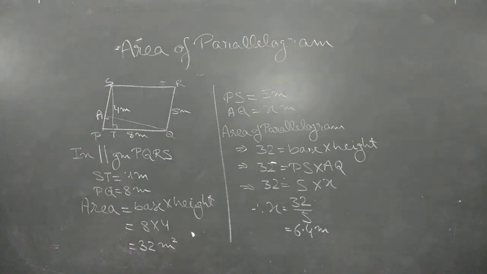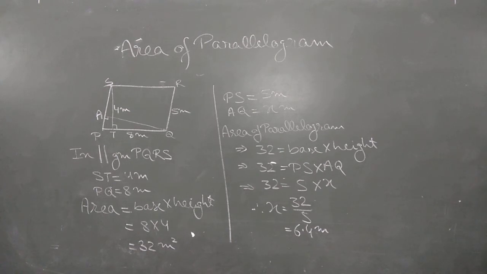See it very carefully: what is given to us and how I solved it. In this case, distance between the two sides PQ and RS is given, so that distance is the height of the parallelogram, because distance means perpendicular distance. So ST is the height and PQ is the corresponding base.